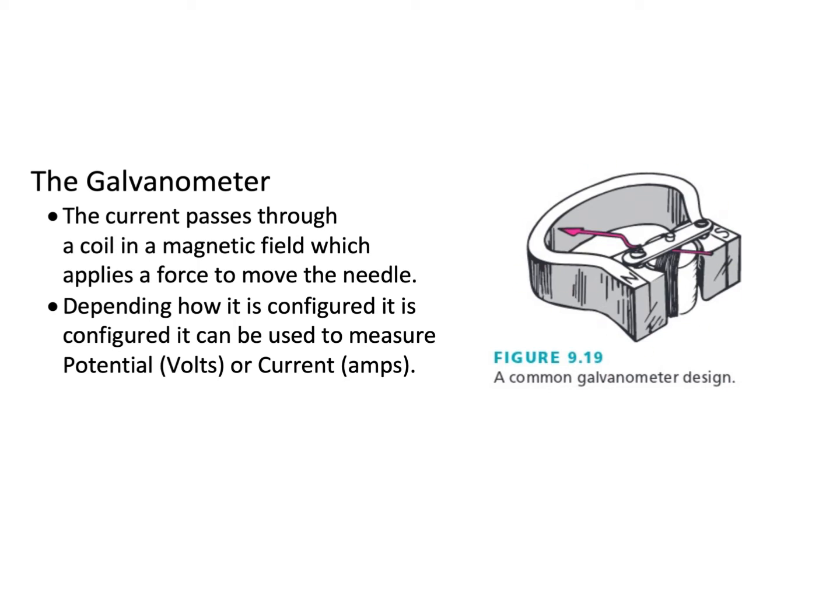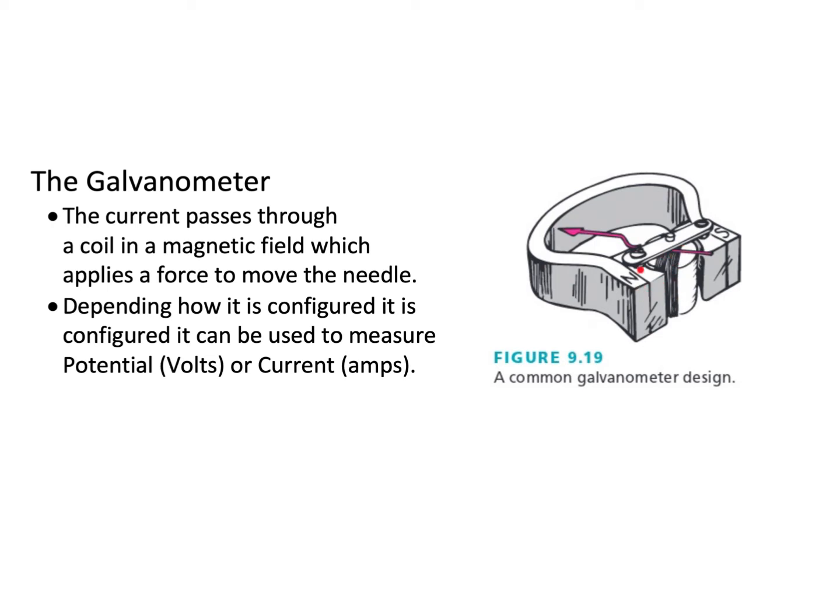What you have is a current going in here and coming out there, and as it goes through, it passes through this coil. You can see there's this needle that's actually attached to the coil. As that current goes in, it passes through, I don't know if you can tell, a coil that's wrapped around this thing inside this magnetic field.